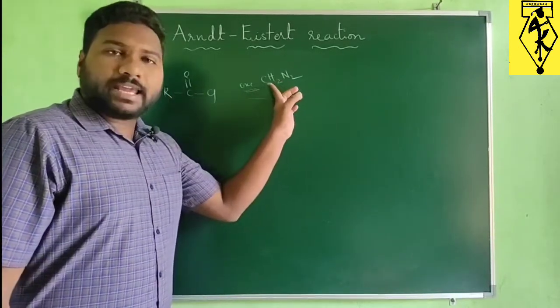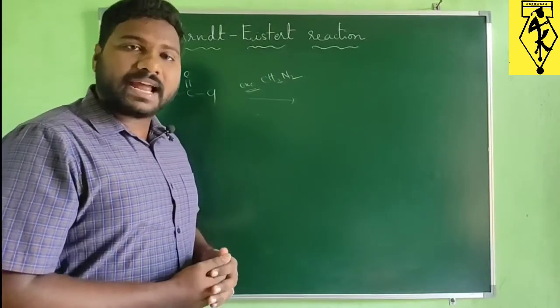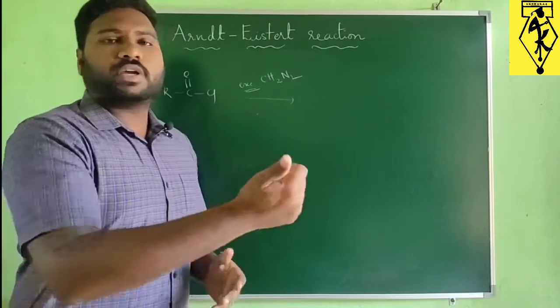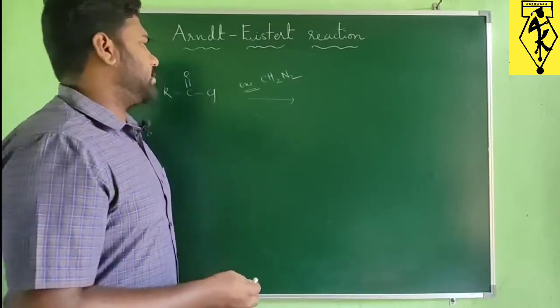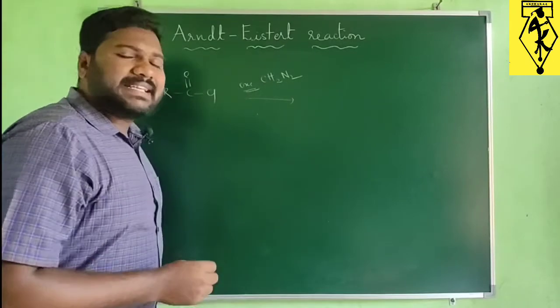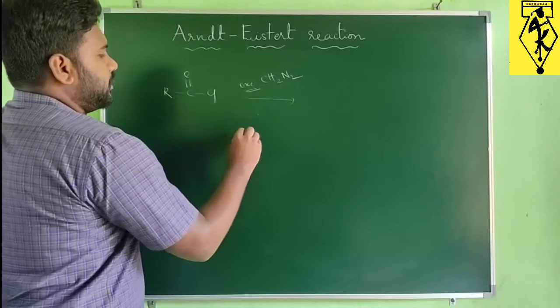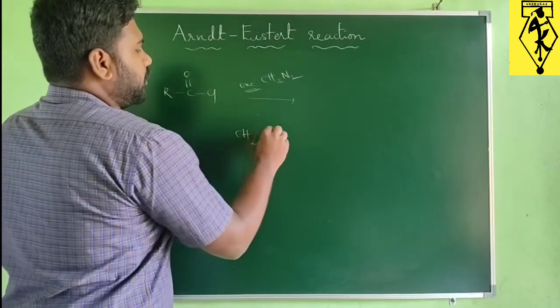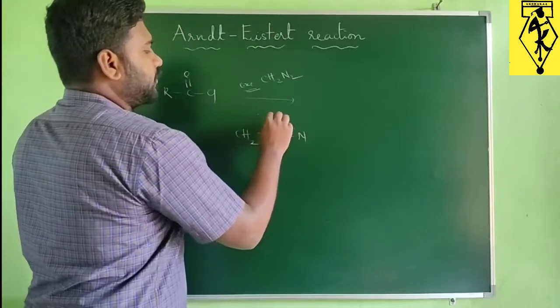If we do not take excess diazomethane, that HCl will again react with the diazoketone, so we are going to get some other product. We'll see that side reaction also. So we require excess diazomethane. So how will this react? If we observe the structure of diazomethane, this is the structure of diazomethane.